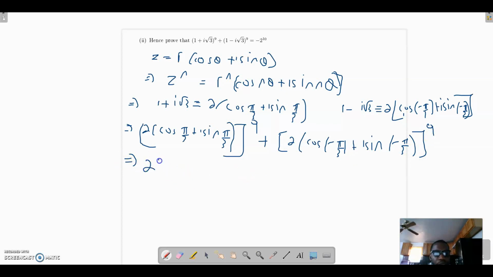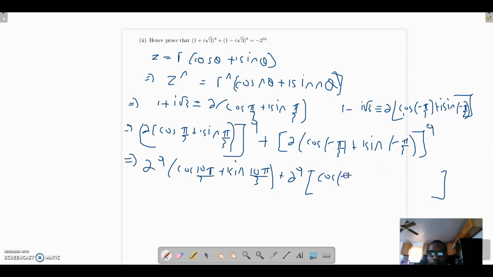So you're going to have 2 to the 9, cos 10 pi over 3 plus i sin 10 pi over 3. Plus 2 to the 9 again into cos minus 10 pi over 3 plus i sin minus 10 pi over 3.